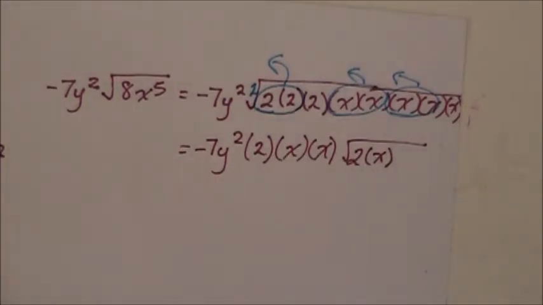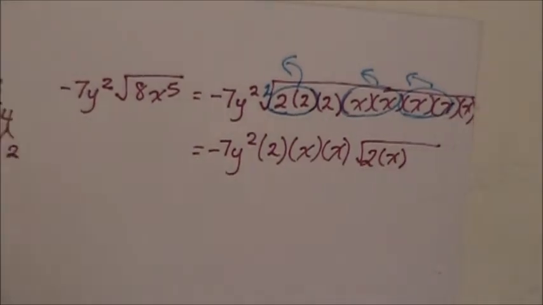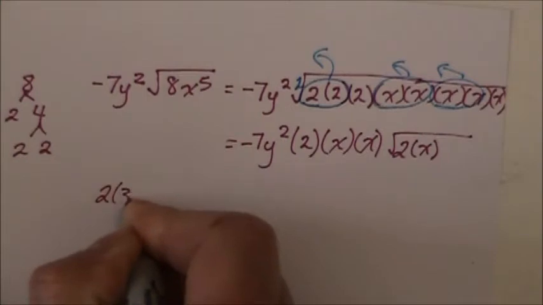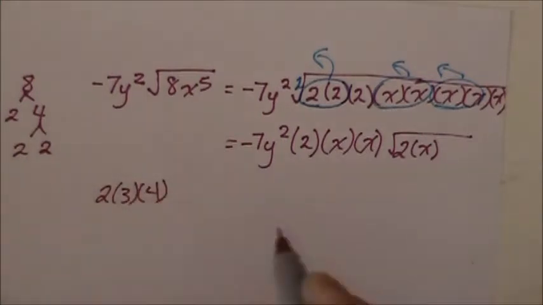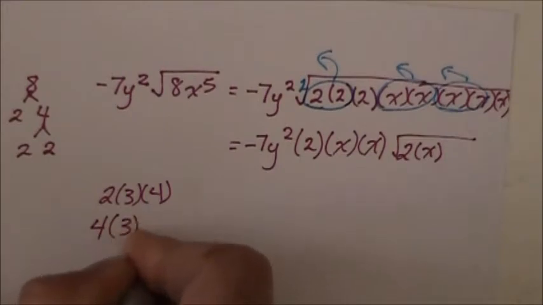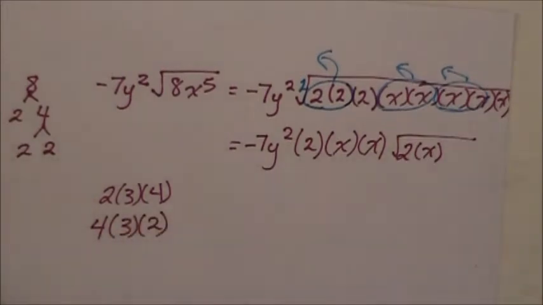Now, we want to have it so we have one number, one set of x's, one set of y's, as we look at our different pieces. Keeping in mind that if we went 2 times 3 times 4, and we went 4 times 3 times 2, those are going to give us exactly the same number, even though we are multiplying them in a different order.